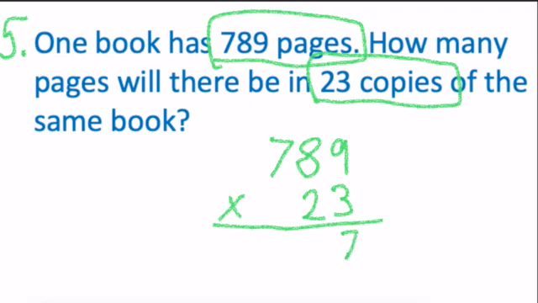Or 3 times 9 is 27. 3 times 8 is 24 plus 2 is 26. 3 times 7 is 21. 23. Let's just double check that. 9 times 3, 27. 3 times 8, yeah, 24, 25, 26. 3 times 7, 21 plus 3, yeah.